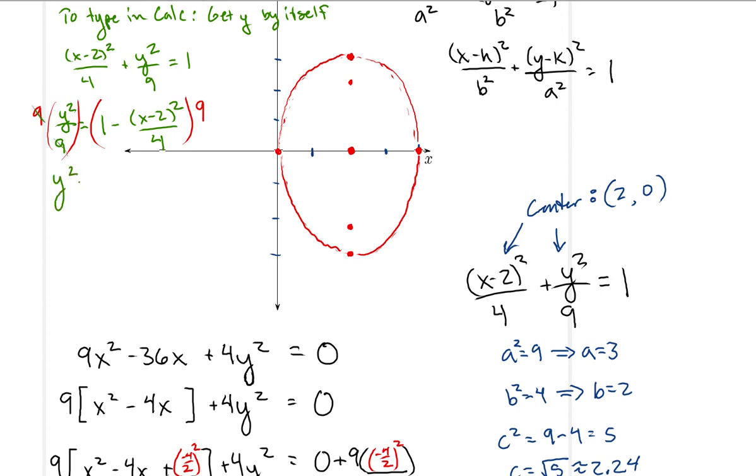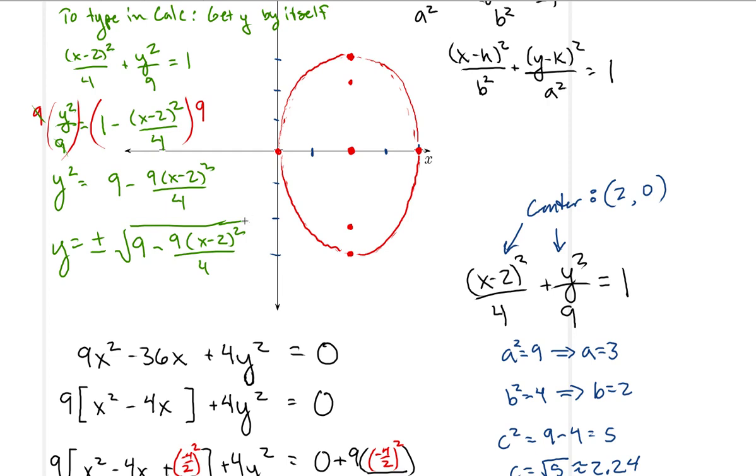So y squared is 9 minus 9 times x minus 2 squared over 4. And then we, of course, want to take the square root. But remember, when you take the square root of a number, that's plus or minus. And you recall that with circles, the plus and the minus each give you half of the circle. So it's going to be the same thing here. The plus gives you the top half of the ellipse, and the minus gives you the bottom half of the ellipse.